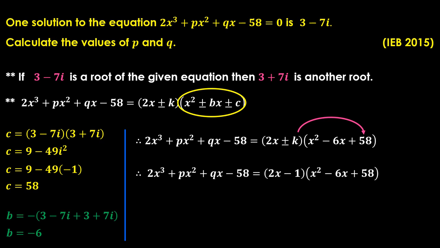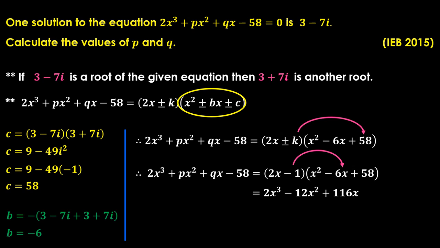Now in this question, we need to figure out the coefficient of x squared and the coefficient of x. So because we need both of those, it's just easier to multiply the binomial by the trinomial. So we're going to take 2x and multiply it by each term in the trinomial, and we end up with 2x cubed minus 12x squared plus 116x.